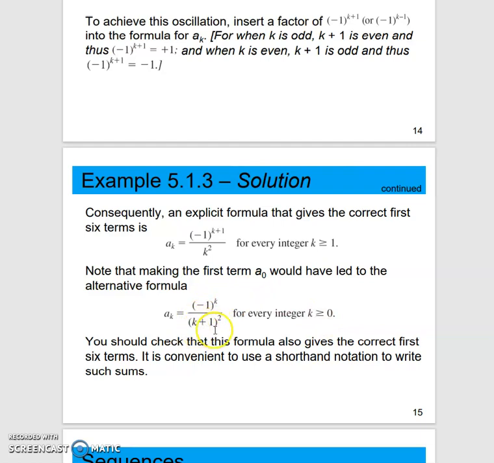You'll notice, though, that that makes my denominator k plus 1. If we start at k is 1, though, so that my denominator is just nicely k squared, because I want to start with positive, I've got to have that exponent as k plus 1. So it does matter where we start. That is going to change how we write that formula.